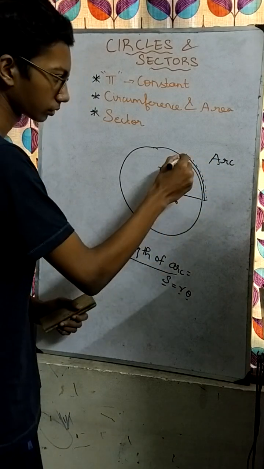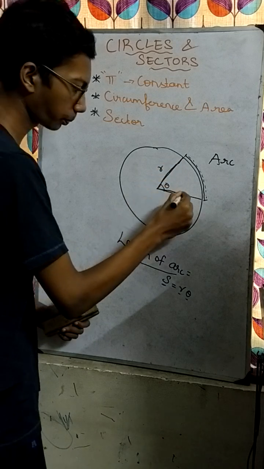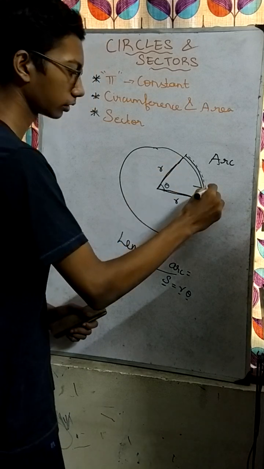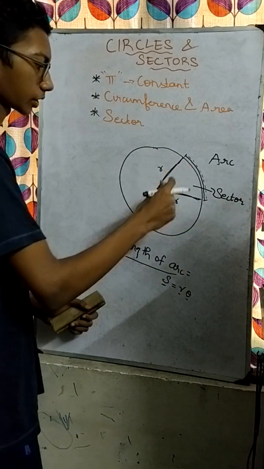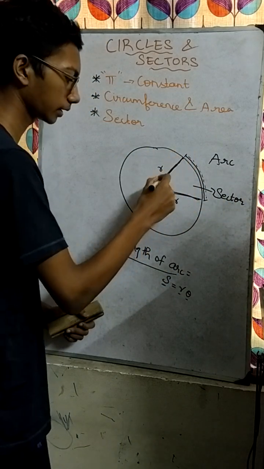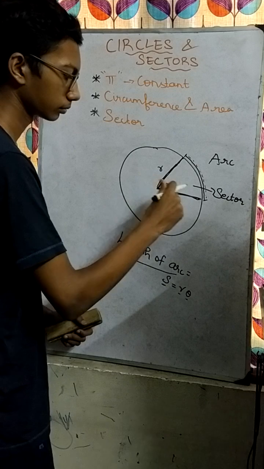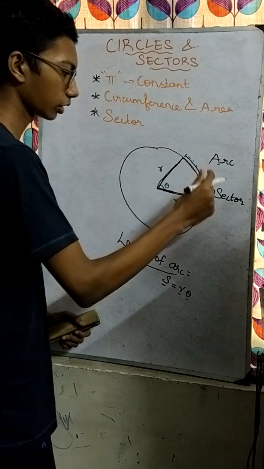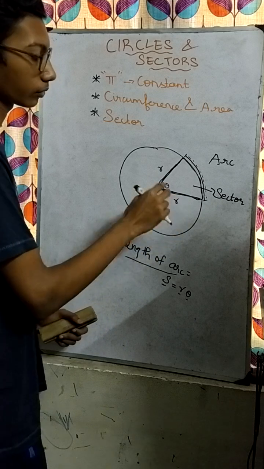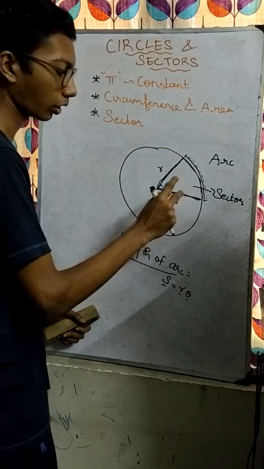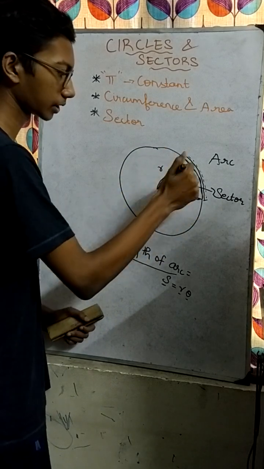This part of the circle is called a sector, just like taking a slice of a pizza. So this shape is called the sector, and this is called the arc. But we have actually drawn two arcs just by two radii.